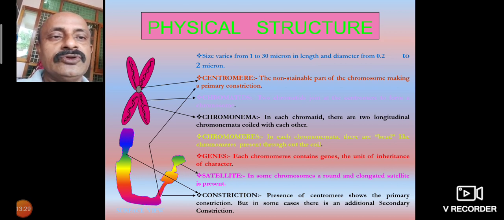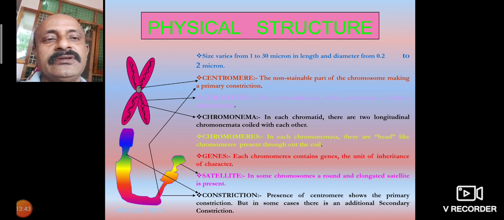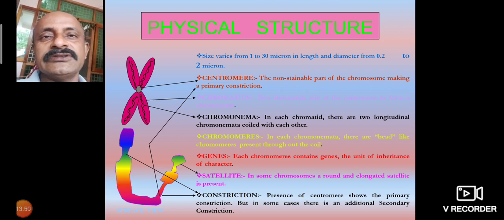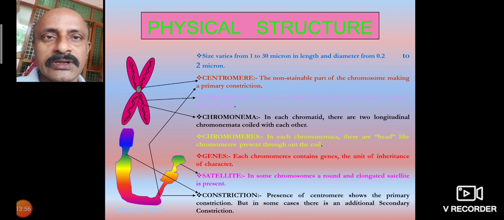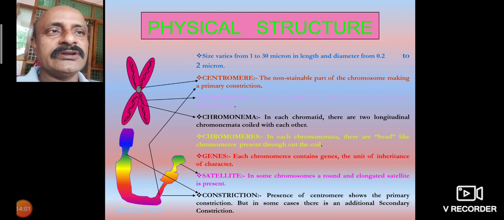Satellites: in some chromosomes, round and elongated satellites are present. Constrictions: the presence of the centromere shows the primary constriction, but in some cases an additional secondary constriction is there. Both primary and secondary constrictions may be present.